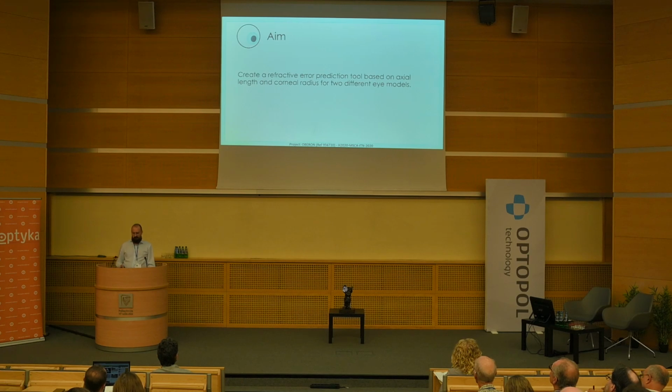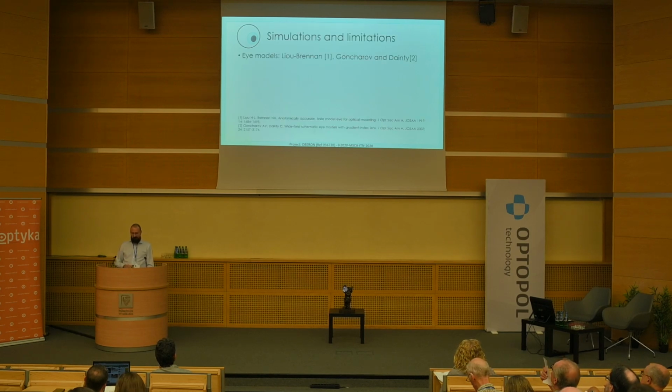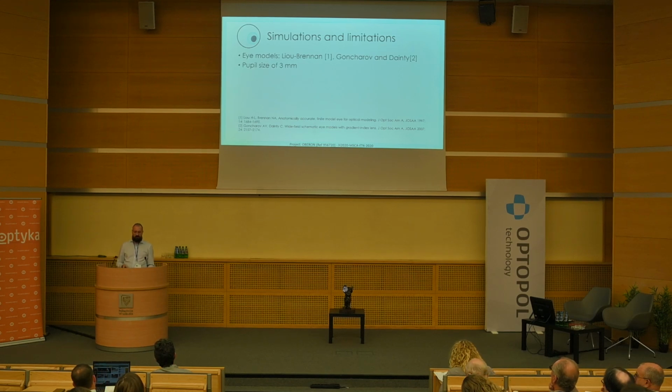So the aim for this study was to create a refractive error prediction tool based on the axial length and corneal radius for two different eye models. The eye models that they used were the Brennan and the Goncharov and Dainty. I worked with a real pupil size of 3 mm.